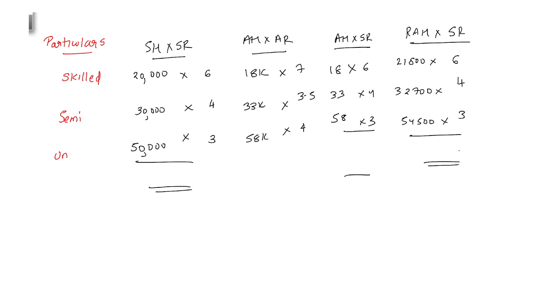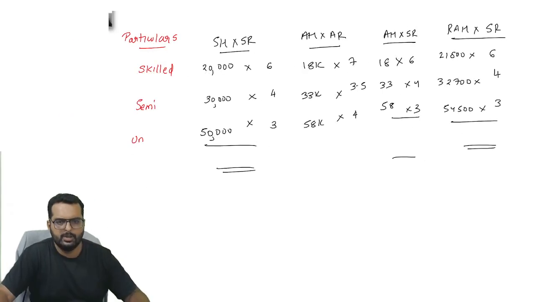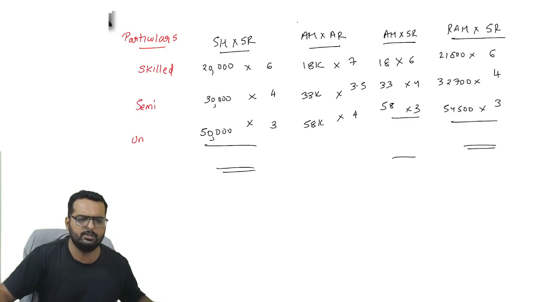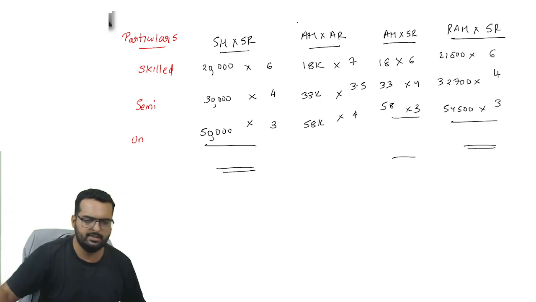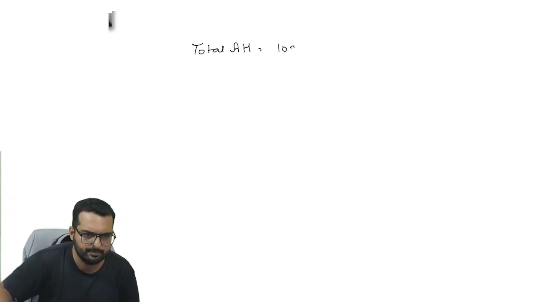RH expert can explain again. Come again. Okay, you want me to explain to you the RAH? Okay, I'll write down over here and give you total actual hours. How much is the total actual hours? 18 plus 33 plus 58. Is it 1 lakh 9,000 hours?